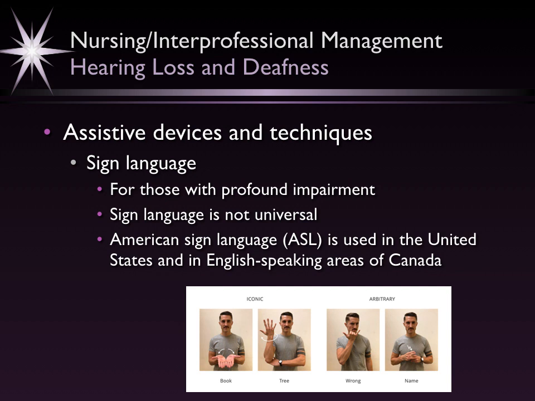It is its own language. So when you have patients in the hospital, especially if they're from other countries, they may not be able to talk to an interpreter for American Sign Language because there are some fairly major differences between the different types of sign language.